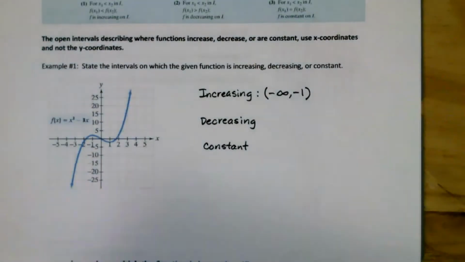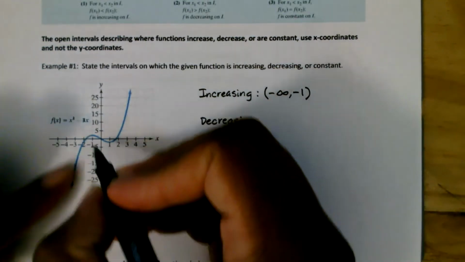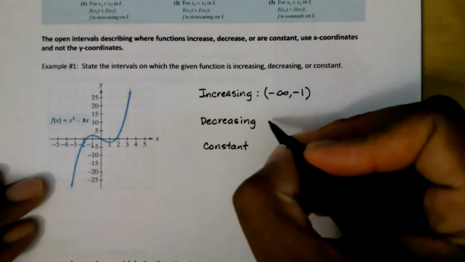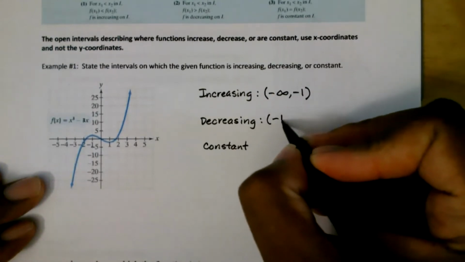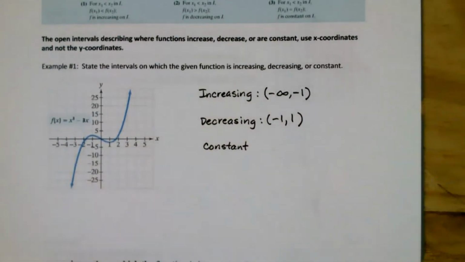So between -1 and 1, you're going to see that graph of f of x equal to x cubed minus 3x is decreasing. Okay, so this graph is decreasing between -1 and 1. And we write this in interval notation using parentheses, no brackets.